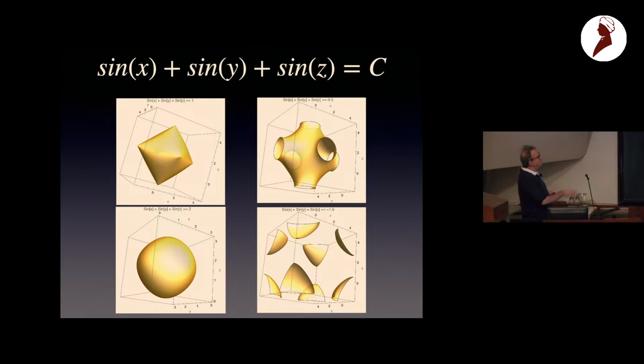If C is larger than 1, of course it can be between 1 and 3, no more than 3, you get a quasi-spherical object, which will represent our overdensity. If C is smaller than 1 and positive, you get bridges. And remember, this is sinusoidal, which is the basic boundary condition for our simulation boxes. So you have bridges connecting the different overdensities. And if C is negative, then you get the boundaries of a void.